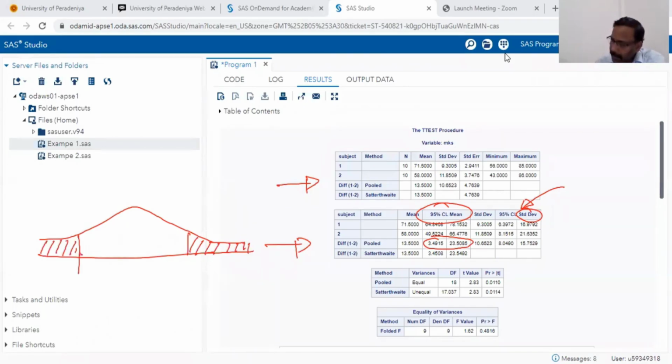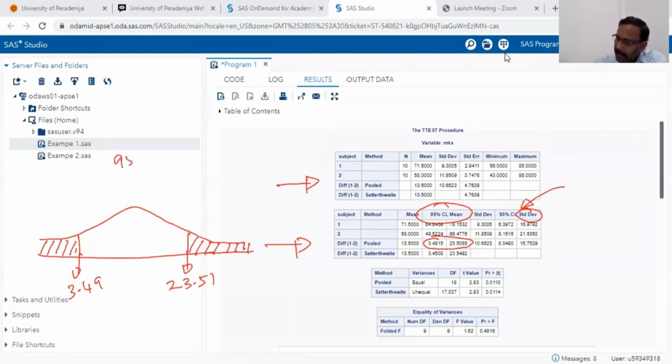Now my upper value and lower value are given there. The lower value is 3.49. I will simply write it as 3.49. Upper value 23.51. So this is my upper value and lower value. So this is the confidence interval.